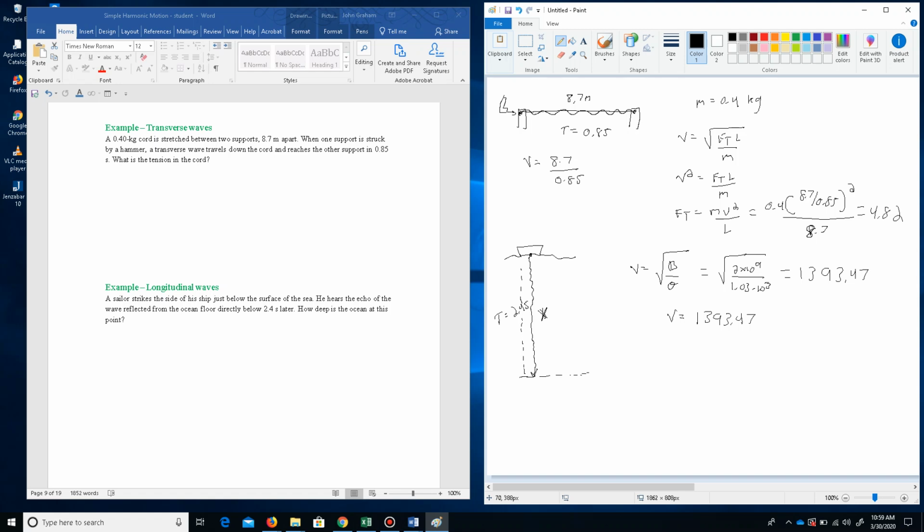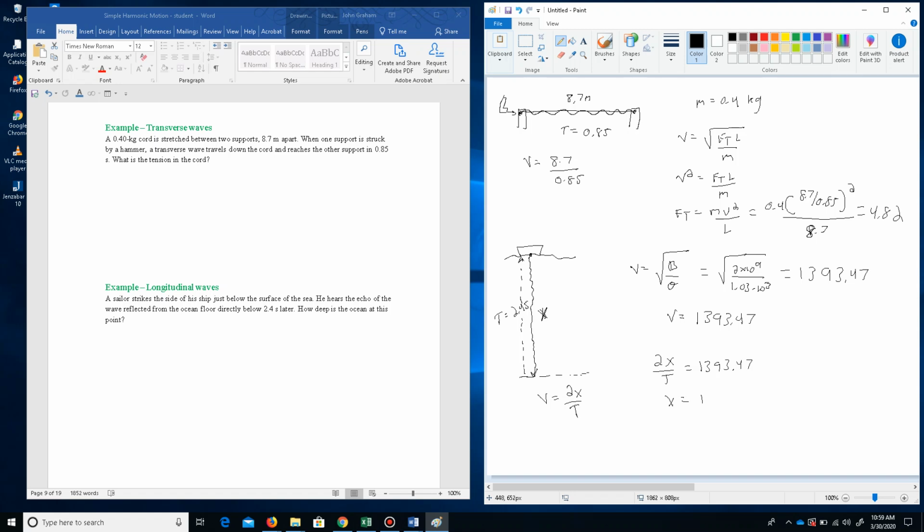Right, because he's going to hear it after it echoes off the floor. So we can also write your velocity here as 2x. That's your distance over that time. Right, and so that 2x over t equals 1393.47. So we solve for x.